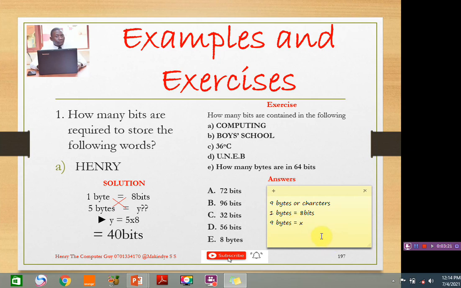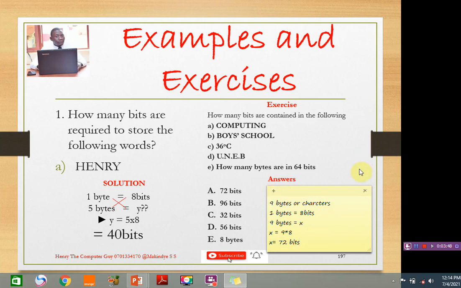So we are going to cross multiply. The x is going to be equal to 9 times 8, giving us x equals 72 bits as the answer. That is how we are going to be calculating them.